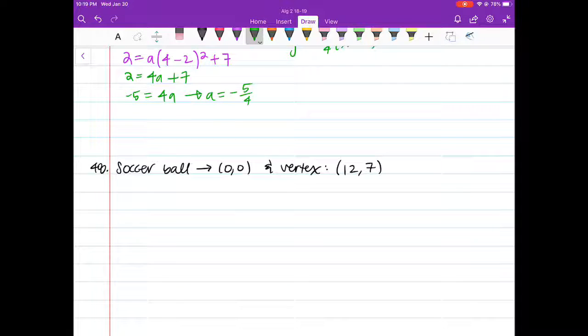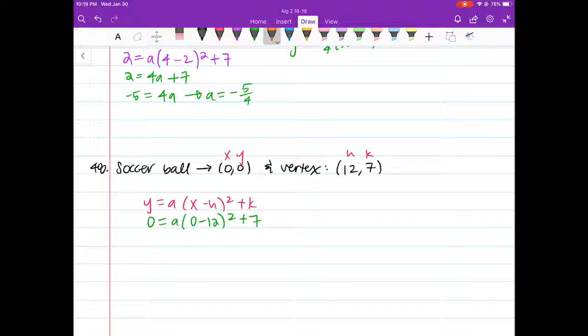And with number 48, they tell us that we have a soccer ball that travels along this distance and goes through the point 0, 0, and has a vertex of 12, 7. So we are going to do the exact same thing for this one. We have y equals a times x minus h squared plus k. The nice thing is that our ordered pair is 0, 0, so that will be pretty easy to plug in. So we've got 0 equals a times 0 minus 12 squared plus 7. 0 minus 12 would be negative 12.